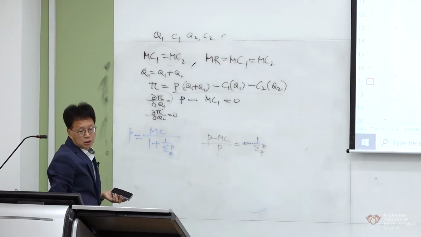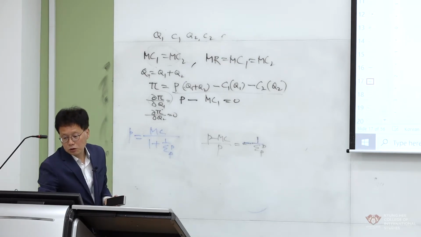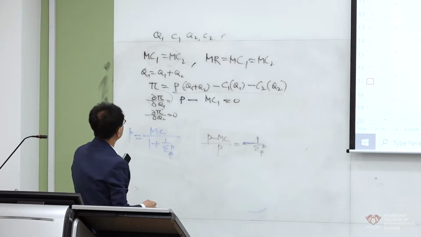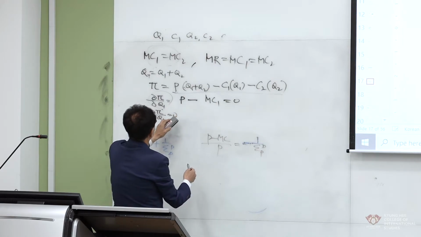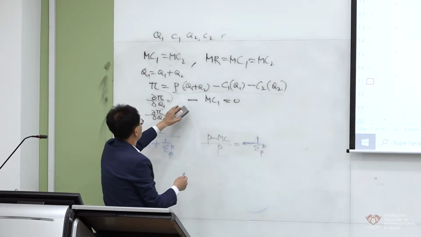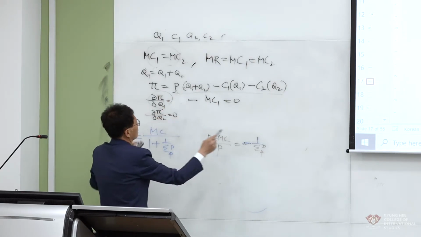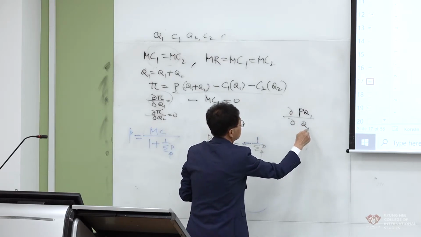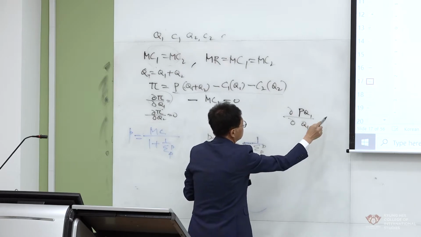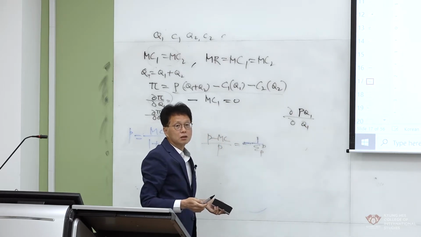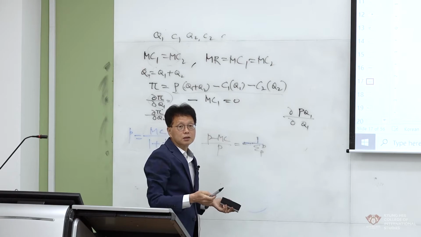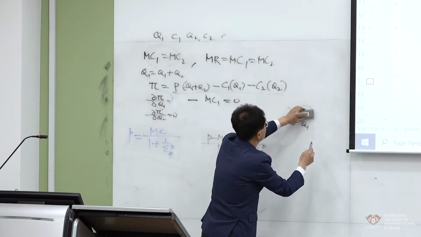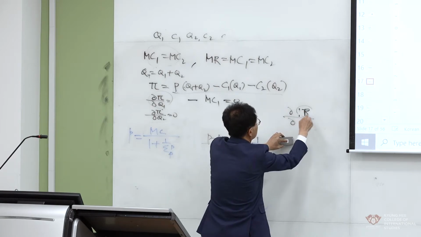And the second one is P·Q1. The partial derivative of P·Q1 with respect to Q1 is not simply the price, because the market is not perfectly competitive. Anyway, that is total revenue in Q1.